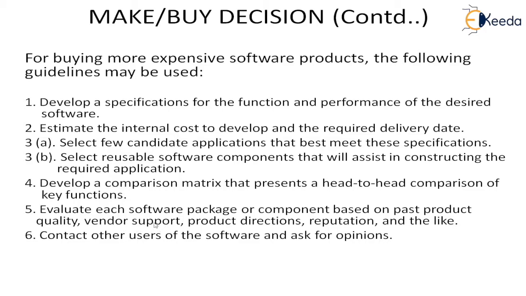That is also important to know whether your software will live for some time. And what is the product direction, where it is going? What is the reputation of the vendor, the company from which you will buy? And like that, many more qualitative information about those components or the software package or the company from which you will buy it.